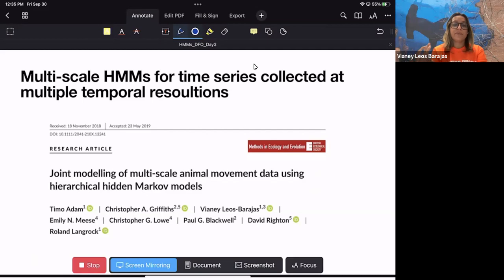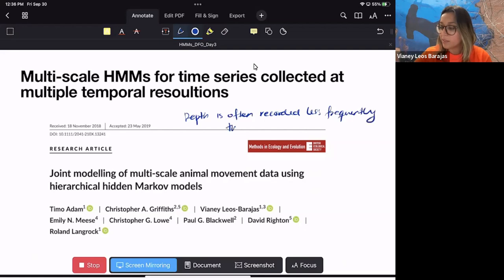For example, if depth is often recorded less frequently than acceleration. So we noticed that we often had time series with different temporal resolutions.